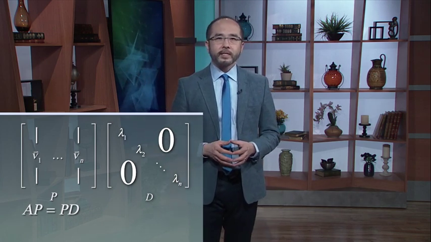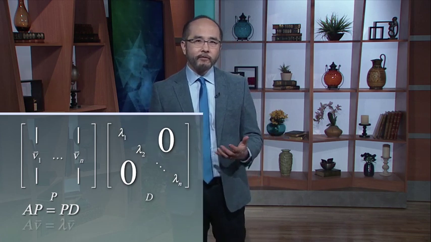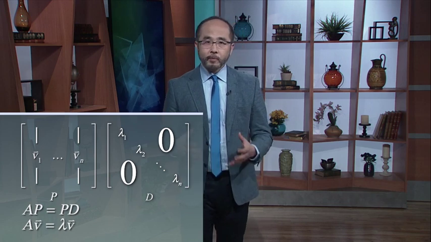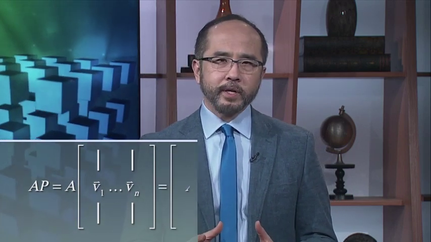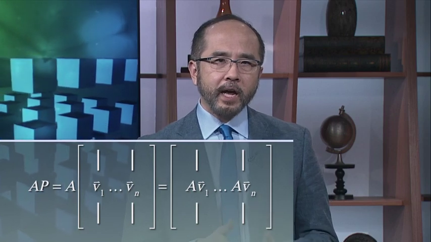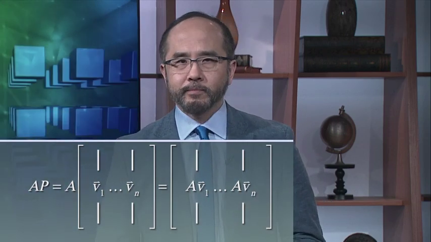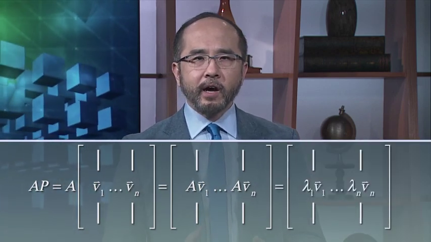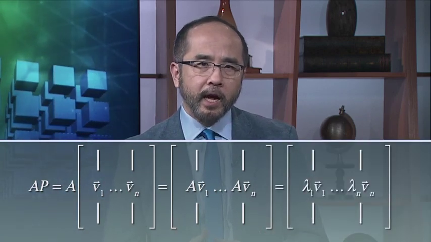The reason is that this is really just expressing the eigenvector equation, AV equals lambda V, for each lambda simultaneously. Then AP is just A times a matrix with Vi as columns. If you think about how matrix multiplication operates, that's just the matrix with A times each Vi in the ith column. But then the eigenvector property shows that the ith column is lambda i times Vi.